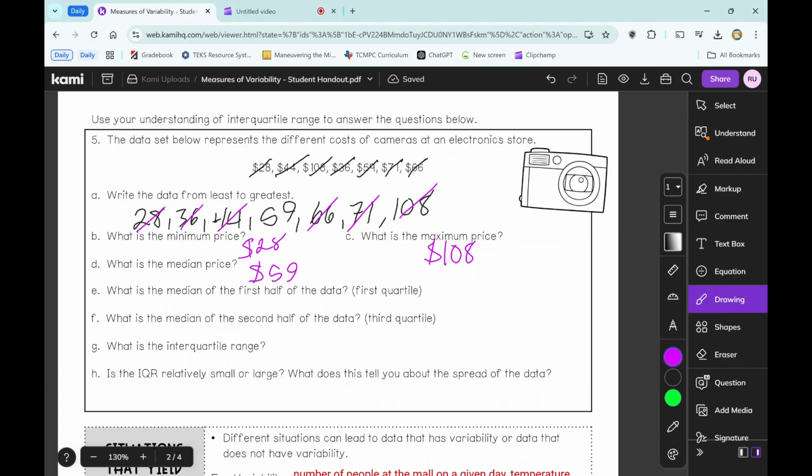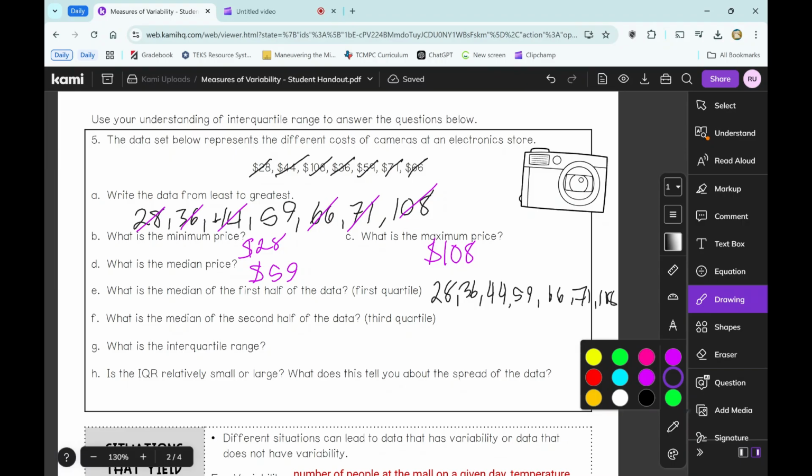I'm actually going to go ahead and write this again for you to see the numbers without me having it scratched off already. So I have 28, 36, 44, 59, 66, 71, and 108.